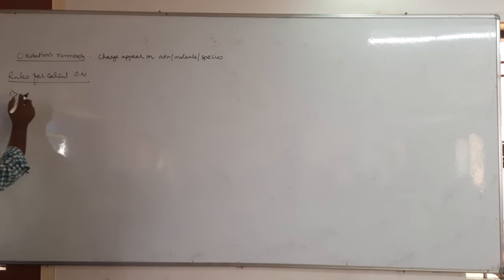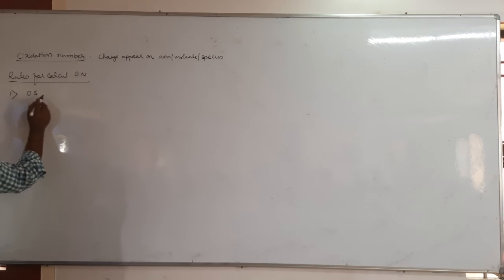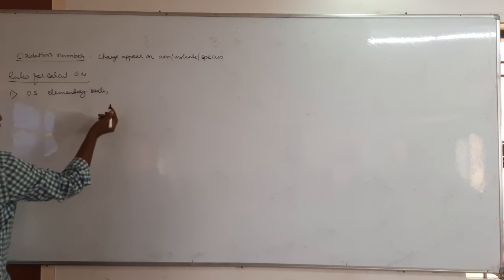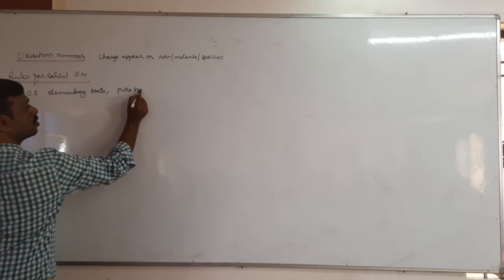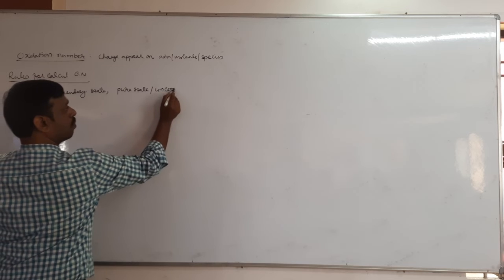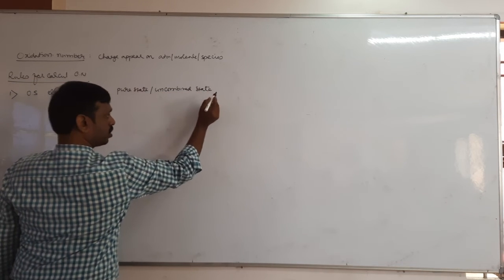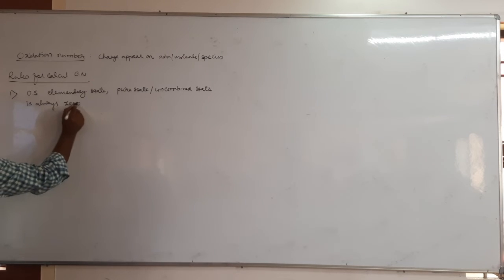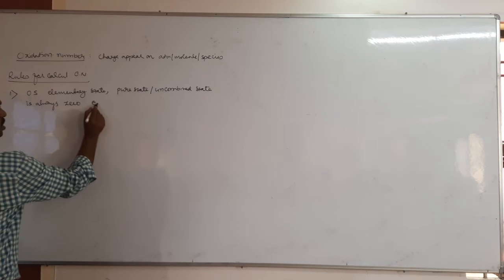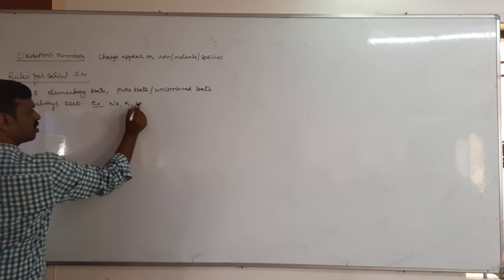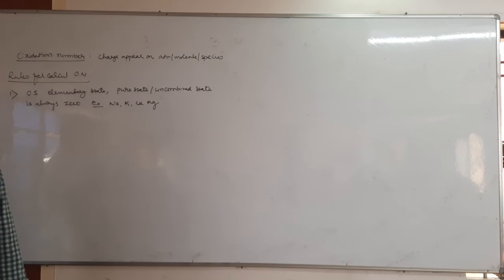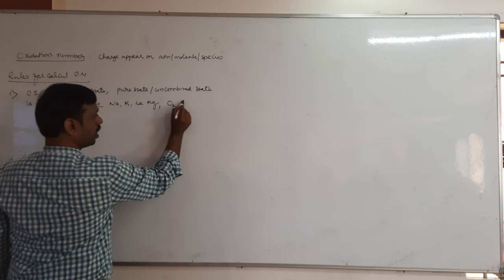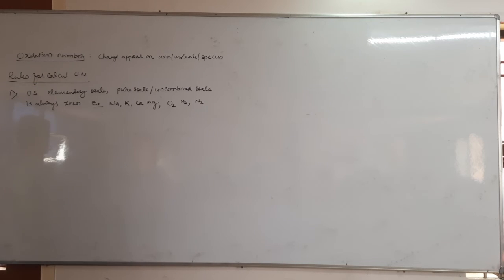Therefore the first rule: the oxidation state of an elementary, pure, or uncombined state is always 0. Examples are sodium, potassium, calcium, magnesium, and oxygen O2, pure hydrogen, pure nitrogen. Their oxidation number is also 0.